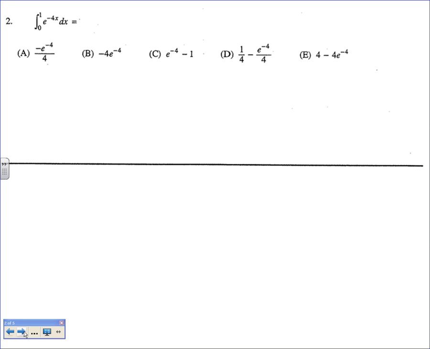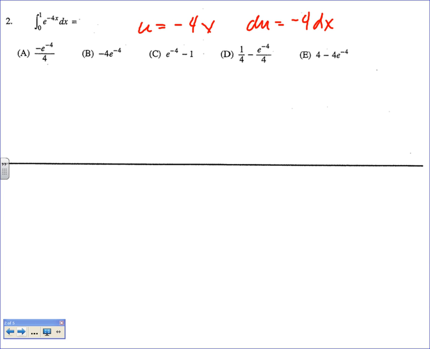On number 2, we have a simple integral here. A small substitution might be in order. So let u equal negative 4x. If that be the case, then du would equal negative 4 dx.